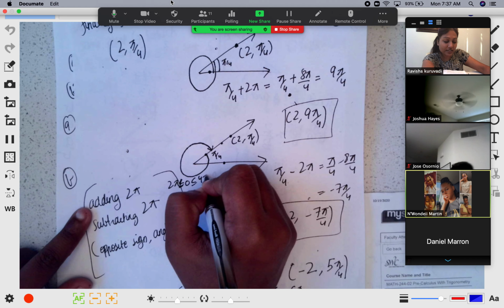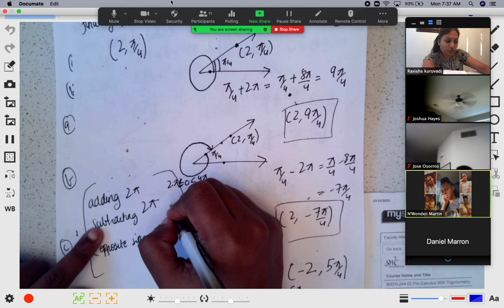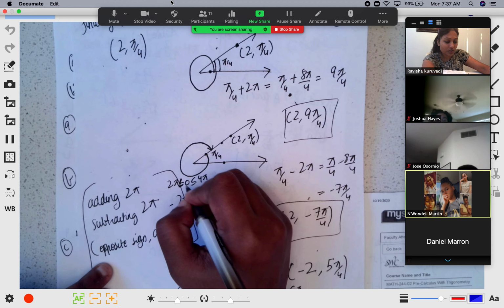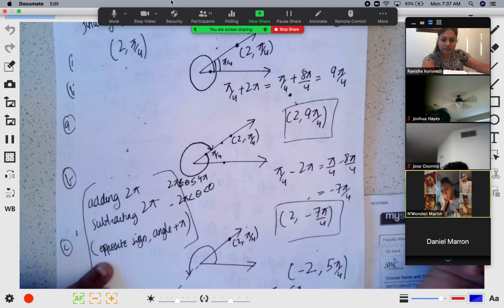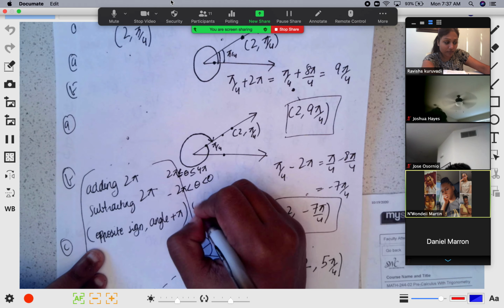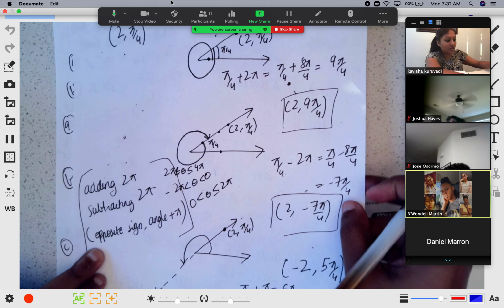If you subtract, you go back, so you basically go to between negative 2 pi and 0. When you add pi, you're technically staying in 0 to 2 pi. So basically you subtract 2 pi.